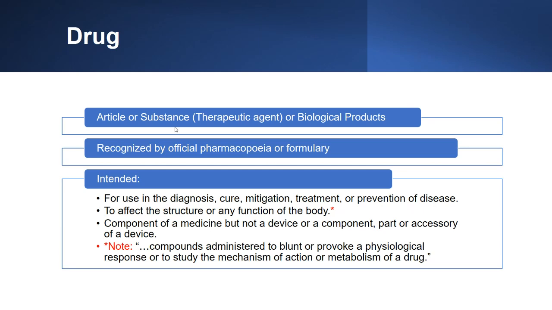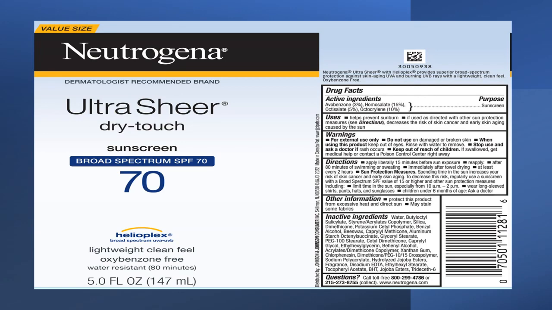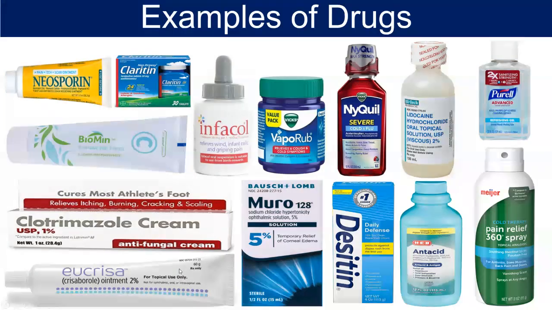So we all know the Neutrogena sunscreen. Does anyone know if this has a drug? Yes, this has a drug as per the definition of FDA, because sunscreens are intended for the prevention of sunburn. Here are some of the most commonly seen products.